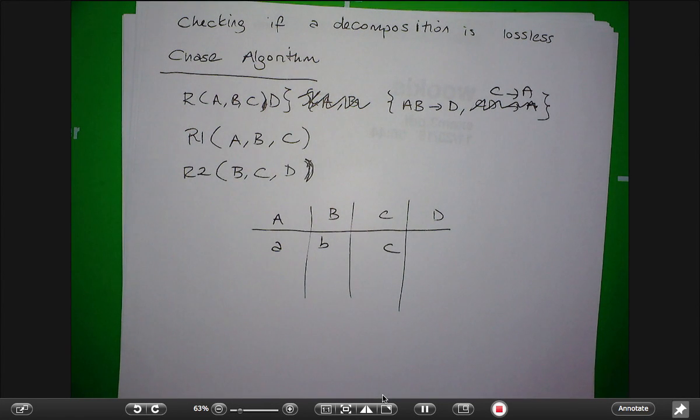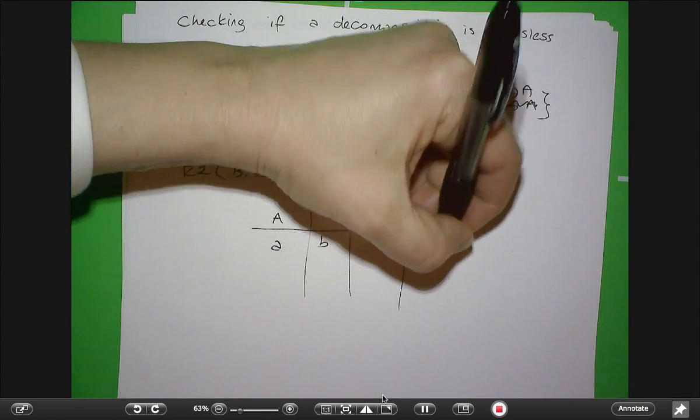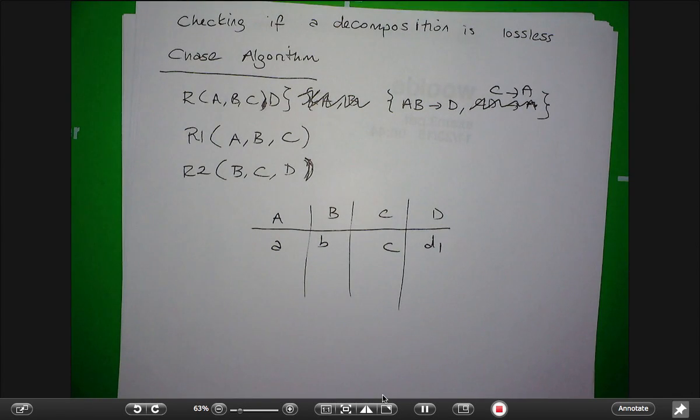Anytime I have knowns and unknowns, knowns will have no subscript, and unknowns are going to have a subscript. If I look at a tuple in R1, A, B, and C are known, but what is unknown is D. So let's call this D1.